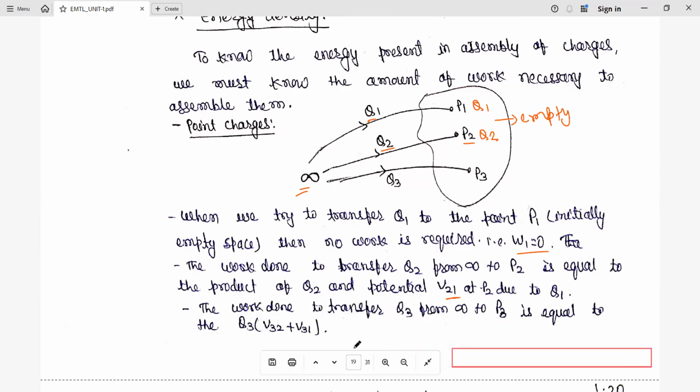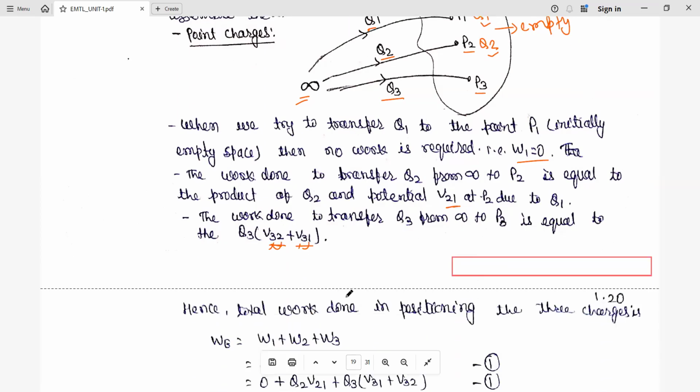Similarly, when we try to transfer the charge Q3 from infinity to the point P3, it will face potential due to the charge Q1 as well as Q2 both. That's why it's written here V32 plus V31, due to charge 2 on charge 3 and due to charge 1 on charge 3.